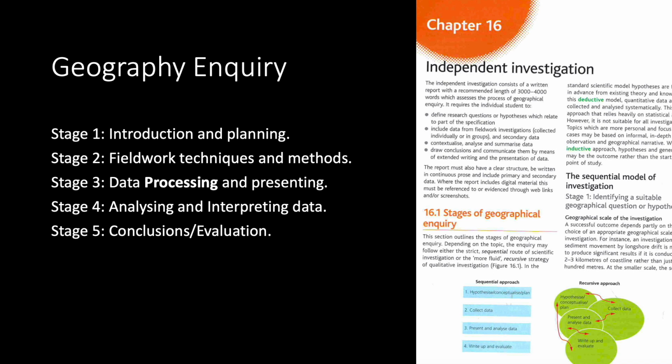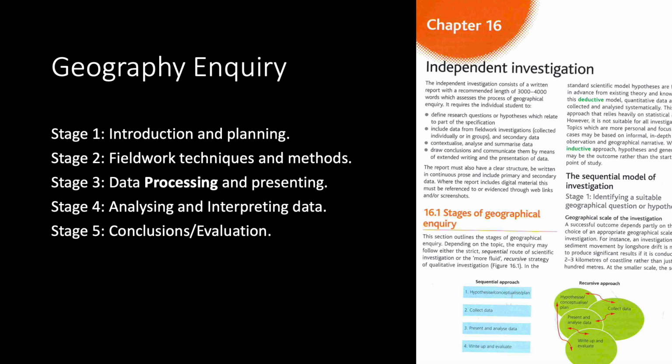You're not the first geographer, so you need to link to other geographers, others' research, other theory. You then need to carry out some field work. So you need to go out, you need to measure something, count something, and this could be carried out face to face, it could be carried out virtually, but you need to generate primary data.